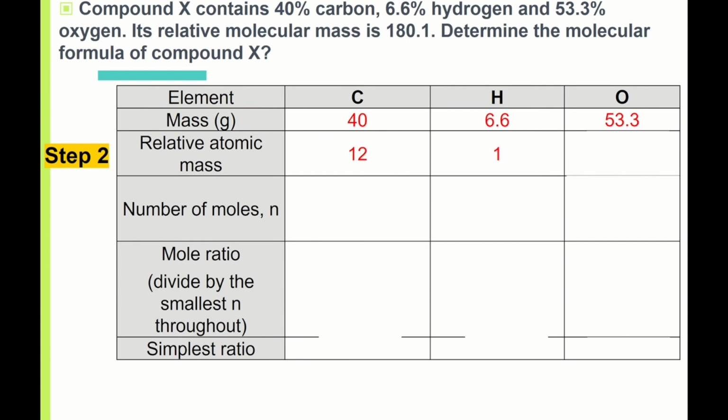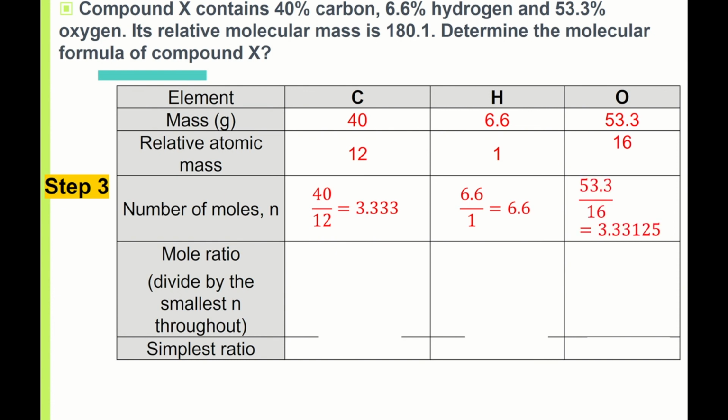The atomic masses are 12, 1, and 16. From the mass and atomic mass, calculate the number of moles. So 40 grams contains about 3.333 moles of carbon, about 6.6 moles of hydrogen, and about 3.33 moles of oxygen.